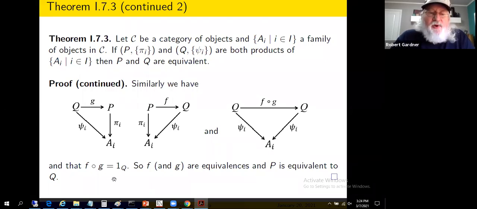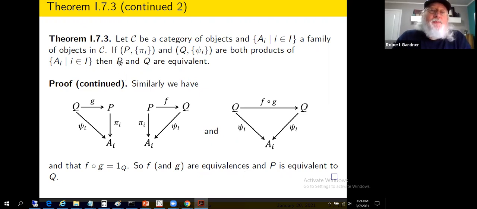So as we had on the previous slide, same thing, except F and G are in the opposite order, and we don't have 1 sub P, we have 1 sub Q. So now we've got G composed with F equals 1 sub P, F composed with G equals 1 sub Q. That's exactly what an equivalence was.